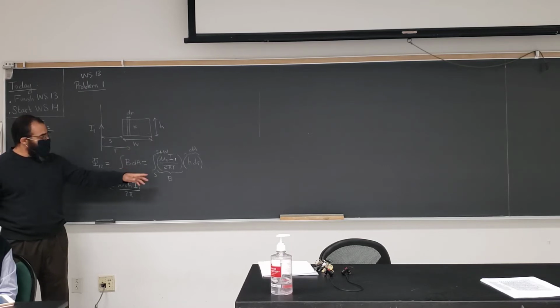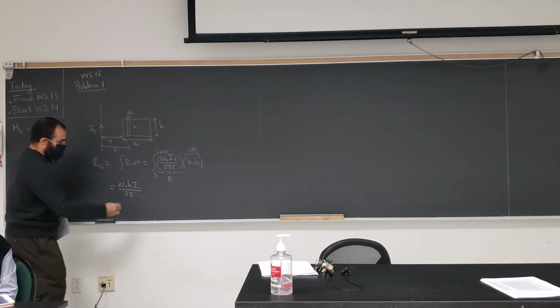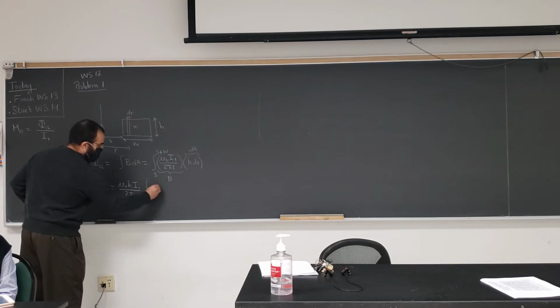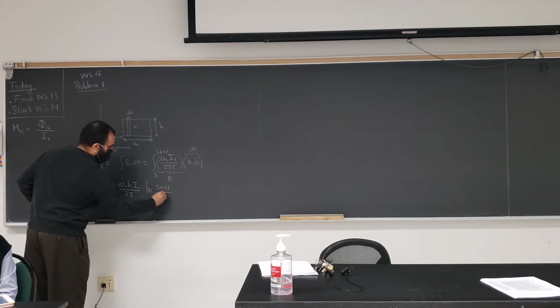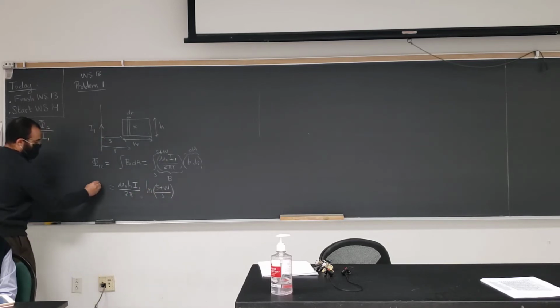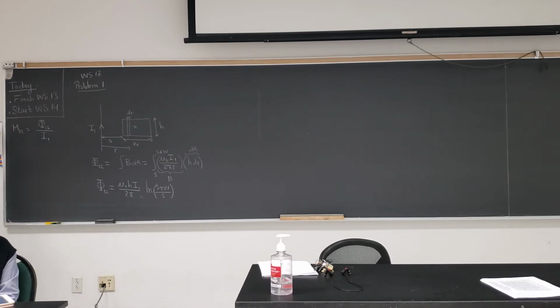And when you evaluate ln of s plus w, minus ln of s, you end up with ln of s plus w divided by s. That's the total flux. Do we agree with that? I know I skipped a step with the integration, but I think we did it enough times now that it's okay.